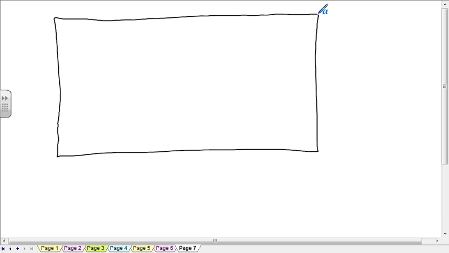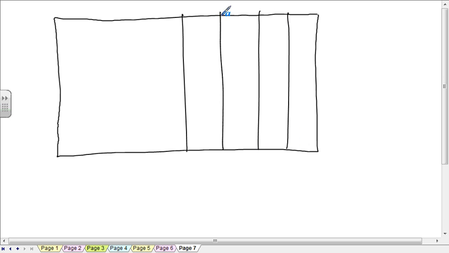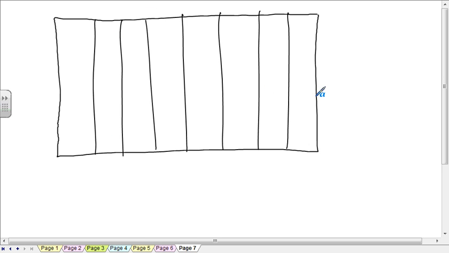Okay, so we have 7 equations, 7 variables, so that means 8 columns. Seven rows.